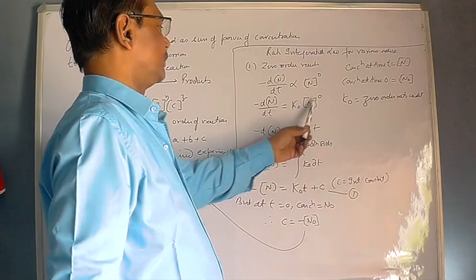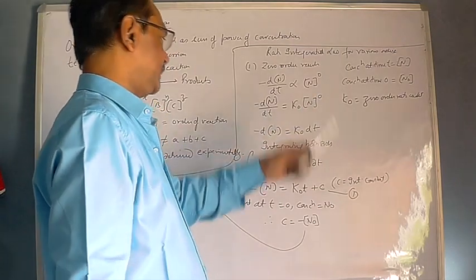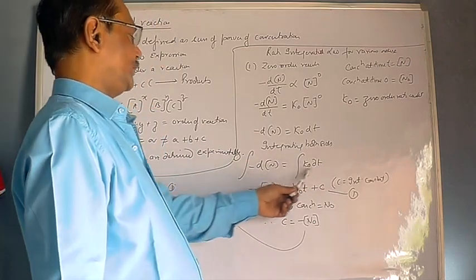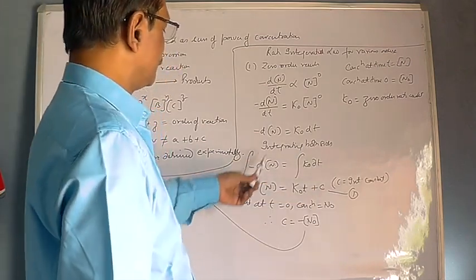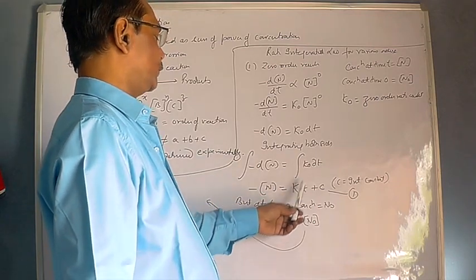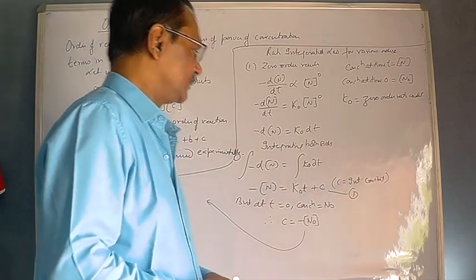Anything to the power 0 is 1. So it becomes -dN equals k0 dt. Integrating both sides, we get -N equals k0 t + C, where C is your integration constant.